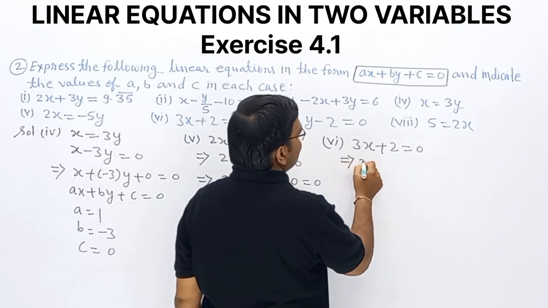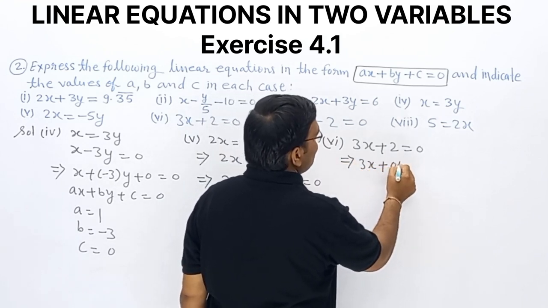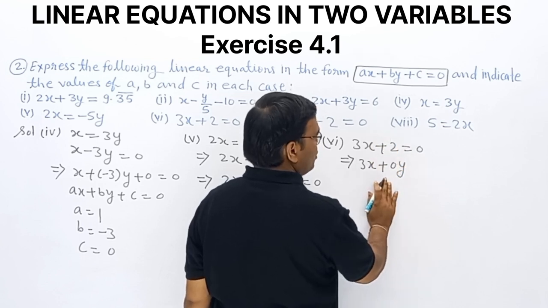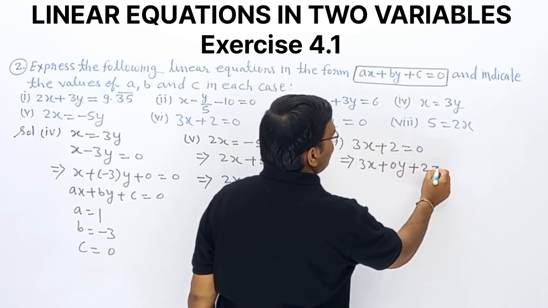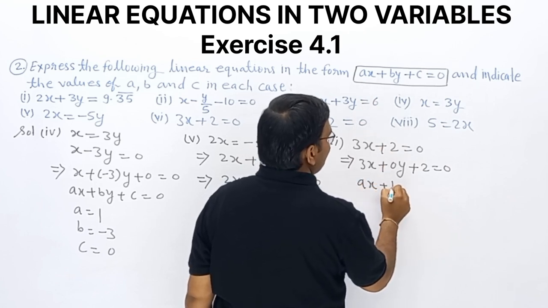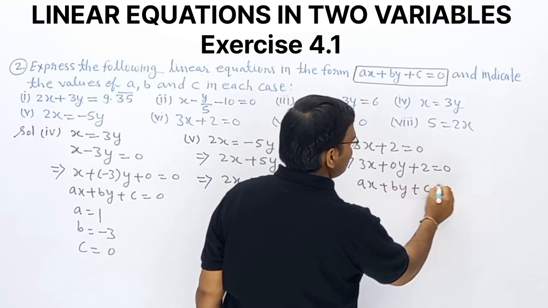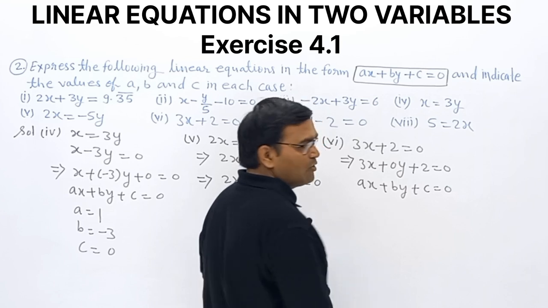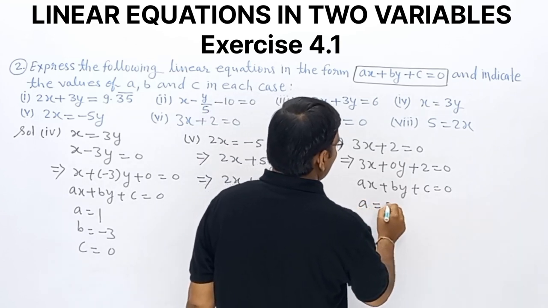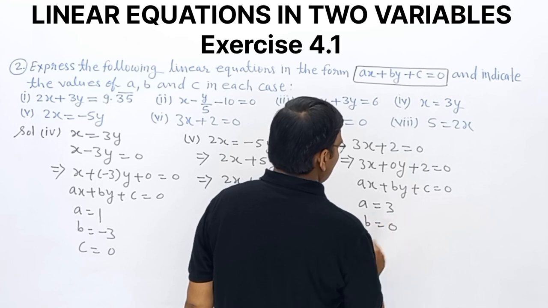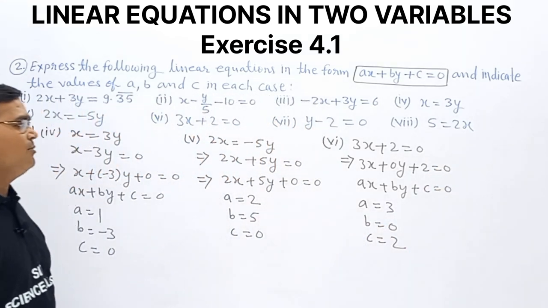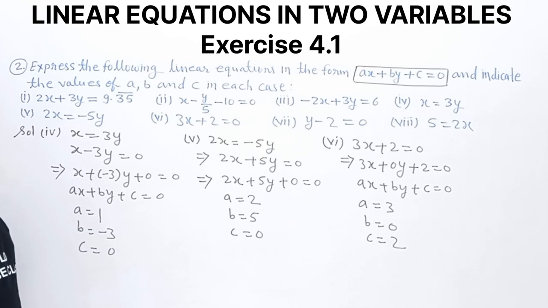We can write 3x plus 0y, 0 multiplied by y will be 0, no doubt, plus 2 equal to 0. Compare with ax plus by plus c equal to 0, the general form of a linear equation in two variables. So finally, once we compare, a equal to 3, b equal to 0, and c equal to 2. These are the values of ABC for this linear equation.